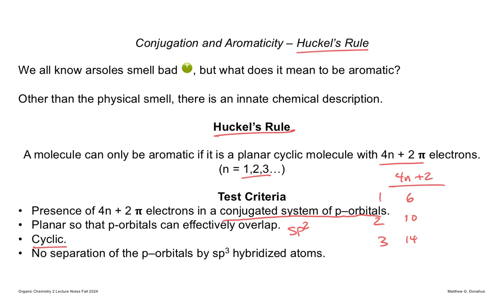So visually, there are things you can do to test these Huckel's rules. And the last one, no separation by sp3 hybridized carbons. If you see that separating the pi bonds, you can automatically kick it out. It's not going to be aromatic.